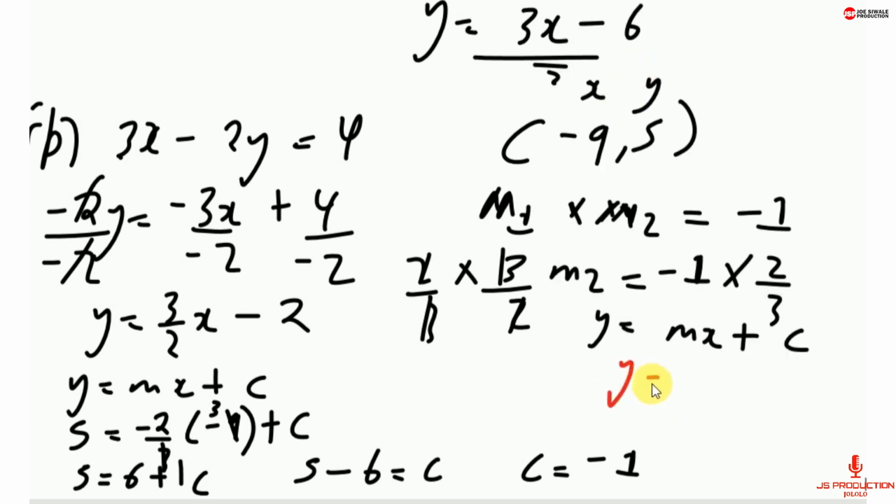So y is equal to our gradient. We calculated our gradient as negative 2 divided by 3. So you can say negative 2 over 3x, and we have calculated our y-intercept as negative 1. So that's negative 1. So that's going to be the equation of the straight line that is passing through negative 9, 5.